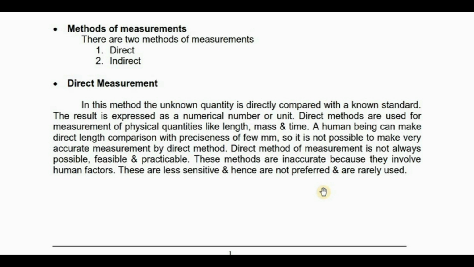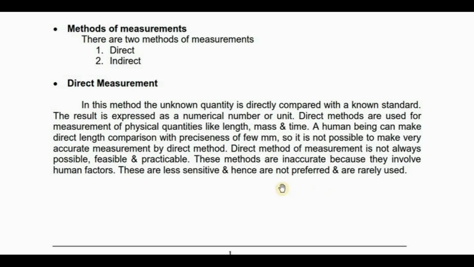Now this is only possible for a few parameters only. But when the quantities or parameters are of different kinds, it is not always possible to apply direct measurement. And for all those different quantities, we have to adopt another method, what we call the indirect method.